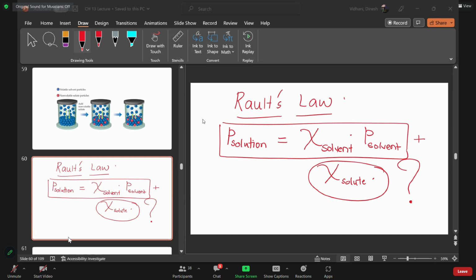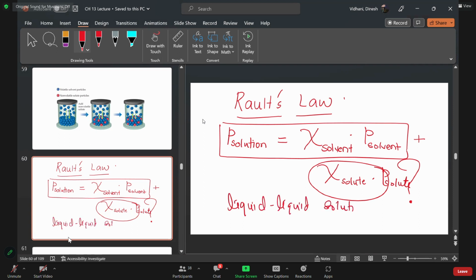In that case, you will need to use the modified equation, and that's going to be that. This is when you have a liquid solution. This is when you're going to use that equation.